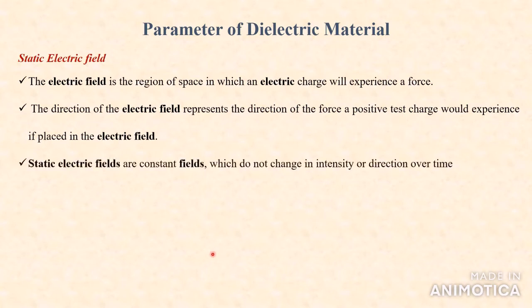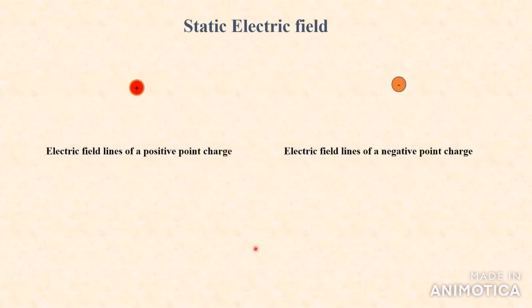From the name itself it is evident that static electric fields are constant fields, and they do not change in intensity or direction over time. This is the existence of the electric field around the charges.